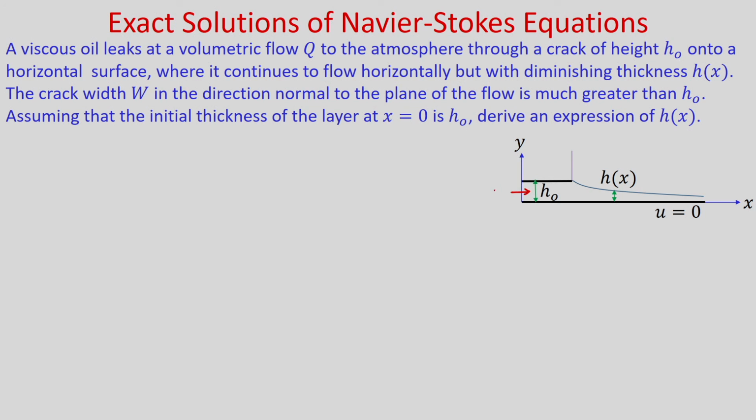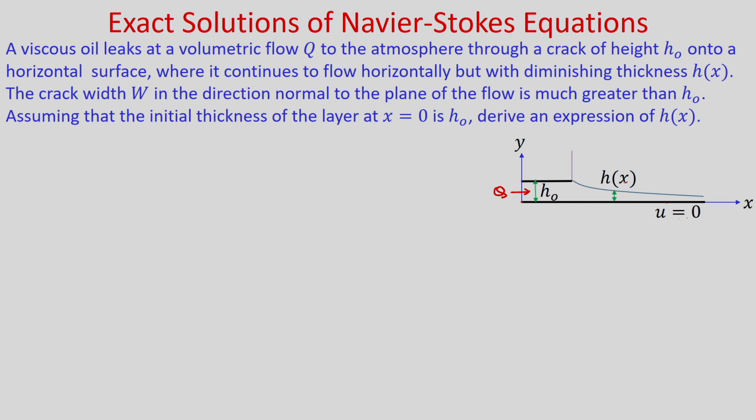So, you can see a viscous oil, obviously it is leaking into the atmosphere through this crack. Okay. And the initial height of this liquid is h naught, and y is measured from the bottom, and x is in this axial direction, and obviously the plate is stationary. So, u is equal to 0 at y equal to 0, but the thickness is a function of x.